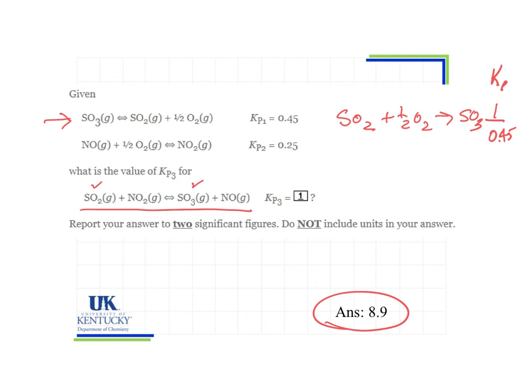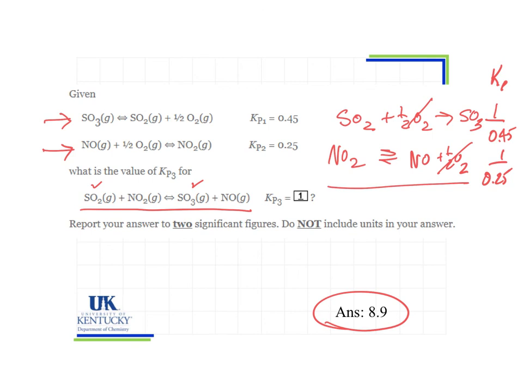For the second reaction, I again have to take the reciprocal of this reaction. Flip the reaction. So this puts the NO2 on the left. It puts the NO and the 1/2 O2 on the right. And if you reverse the reaction, you take 1 over that value. Now the 1/2 O2s are going to cancel to give you what you were looking for.